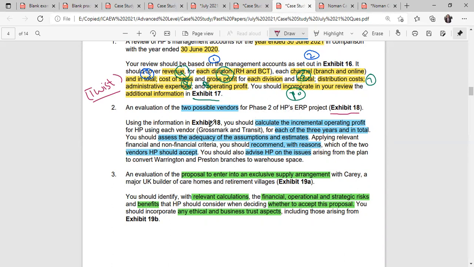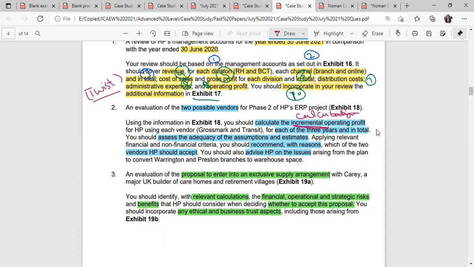Using the information in Exhibit 18, you should calculate the incremental operating profit for HP using each vendor, this one and this one, for each of 3 years and in total. What is required? It means this is again going to be my calculation portion. I should calculate for Gross Mark and Transit for 3 years and also in total. That is incremental operating profit. This is a very, very important point.